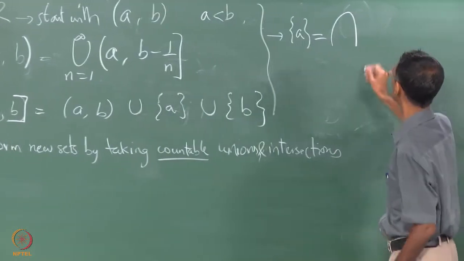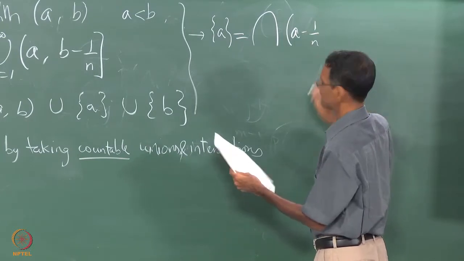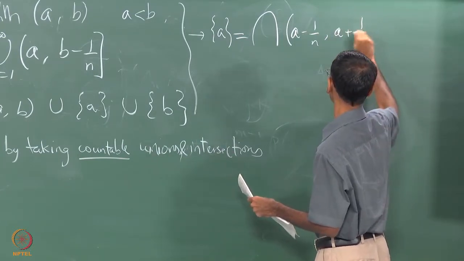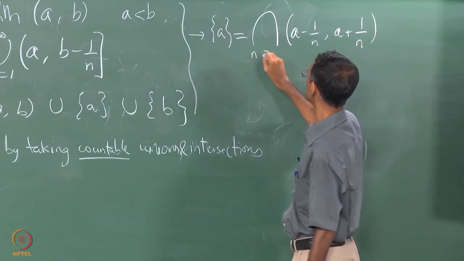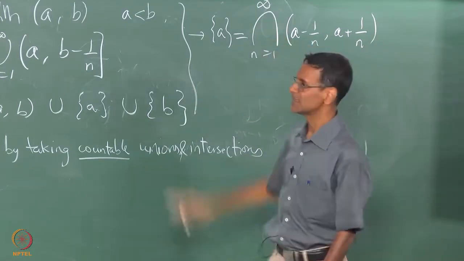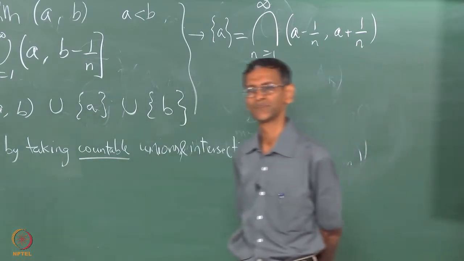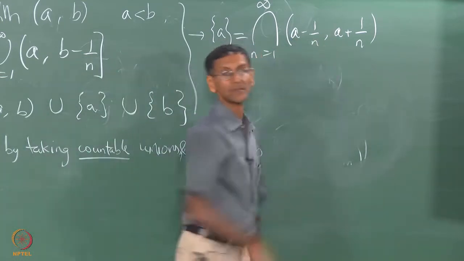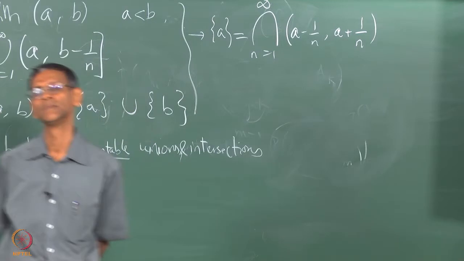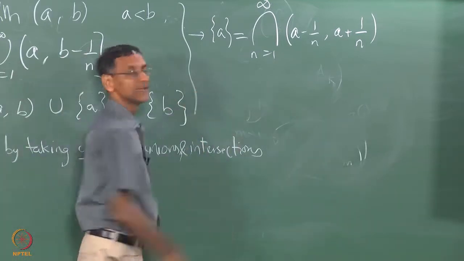I have to take the open interval (a minus 1/n, a plus 1/n), and if I do this for n equal to 1 to infinity, it shrinks to this one point. Note that a is inside this interval for all n. So this is an example of a countable intersection.